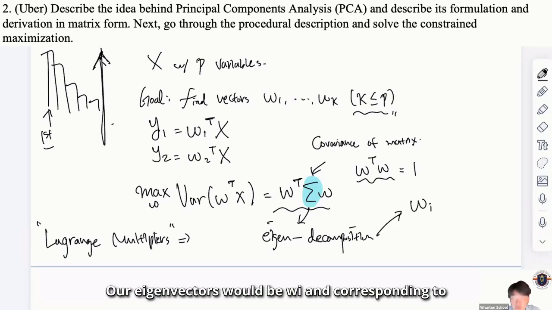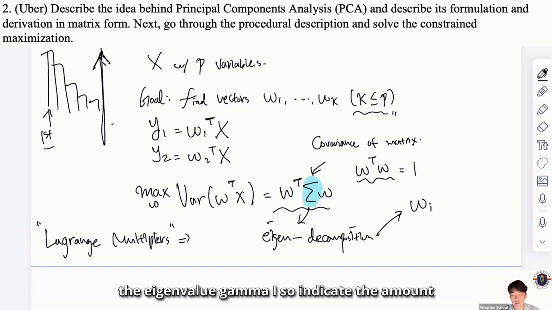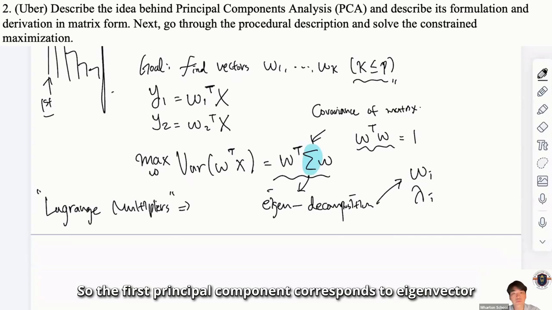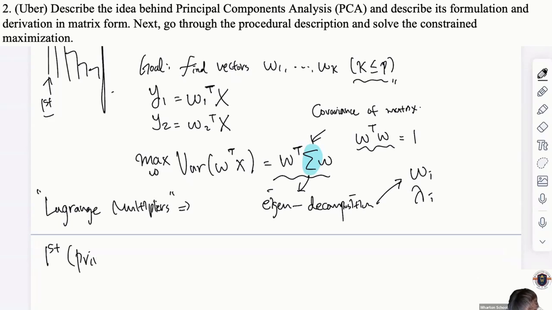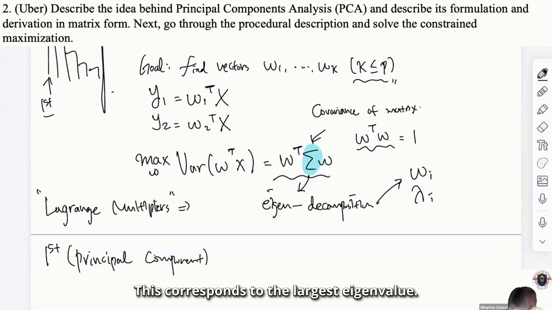Our eigenvectors would be Wi, corresponding to the principal components that we defined earlier, and the eigenvalues gamma i indicate the amount of variance captured by each component. The first principal component corresponds to the eigenvector with the largest eigenvalue.